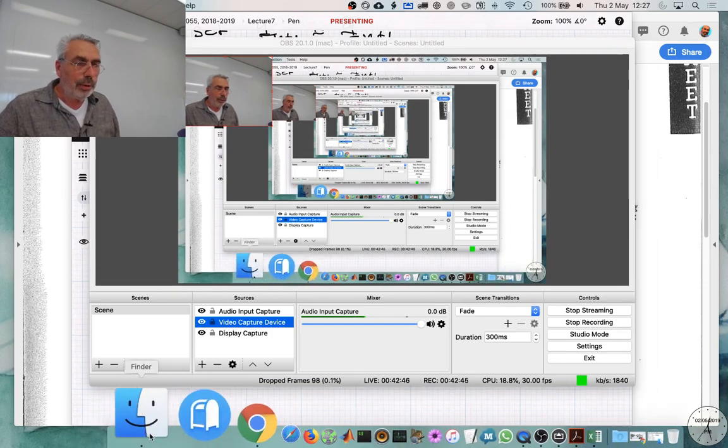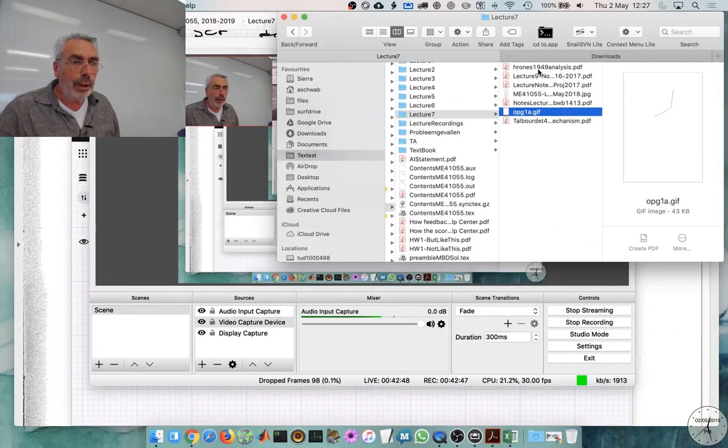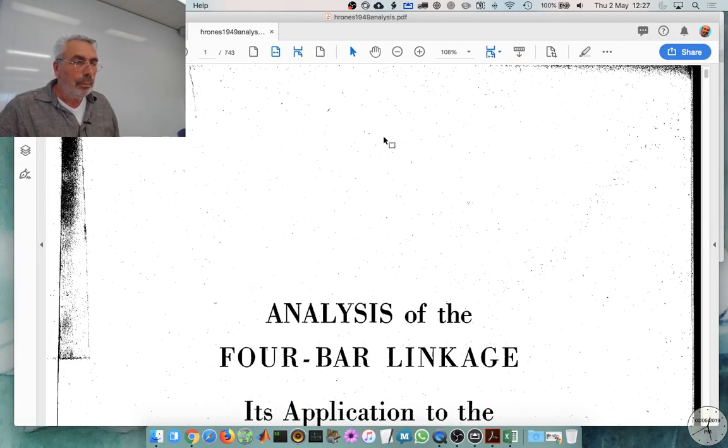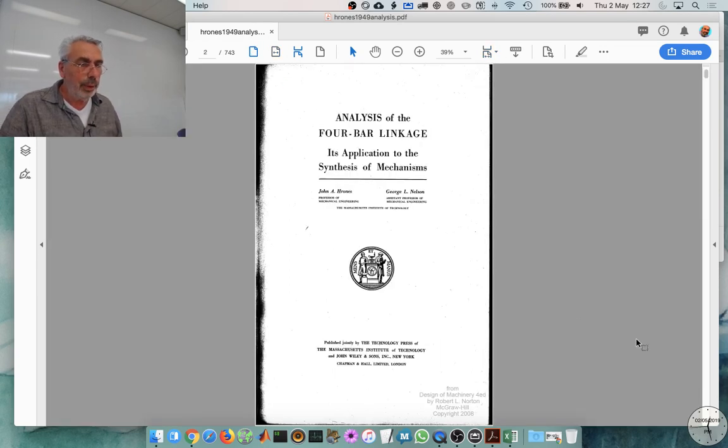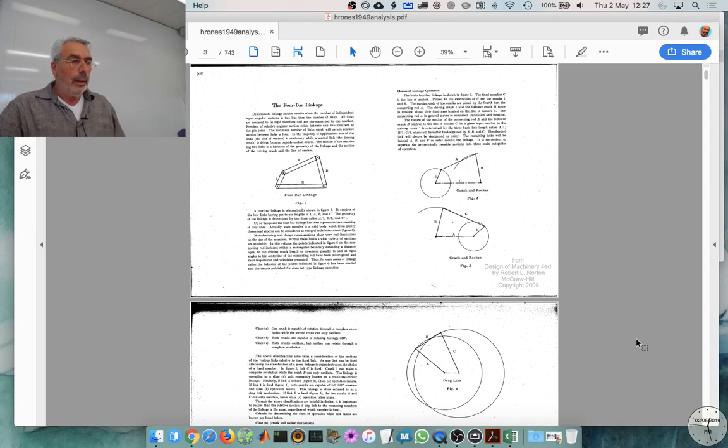The book is about analysis of a 4-bar linkage, with a lot of pictures. Now here I have some pages from the book. Again, this is the front page. The idea is that if you work for a shoe machinery company and you want to design a machine which stitches a shoe or cuts a sole or does some repetitive motion, then you use a 4-bar linkage.